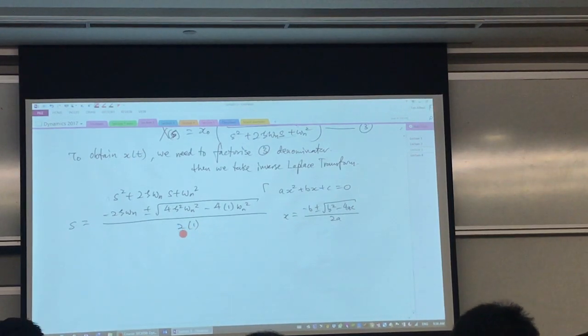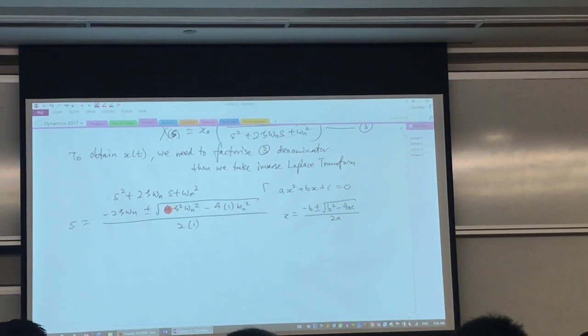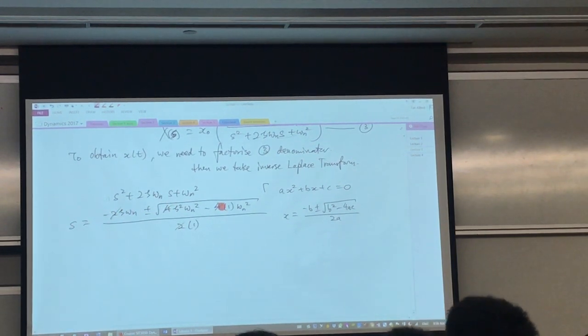I can see there's a common factor of 2 at the bottom, and a square root of 4 in the numerator. So I take the square root of 4 outside, which becomes 2, and this and this cancel out.